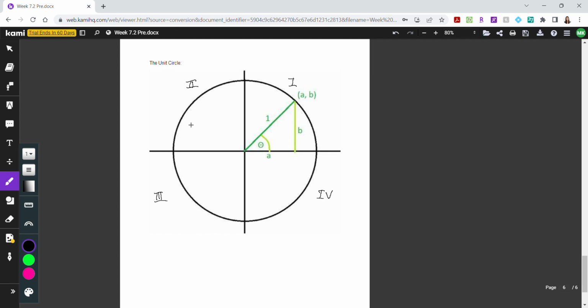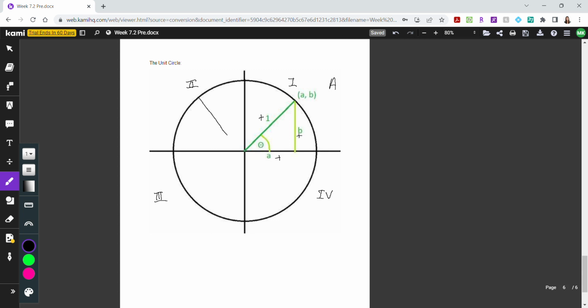The hypotenuse is always going to be positive. This is going up, so it's positive, and this is going to the right, so it's also positive. That means everything here, where the sine, cos, tangent, and their flips are all going to be positive. So we're going to put A for all.